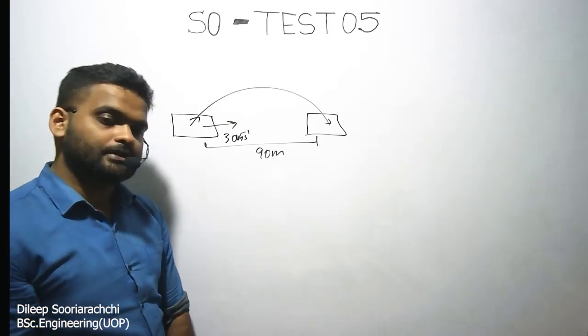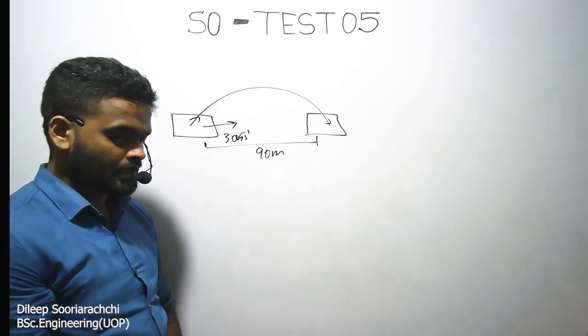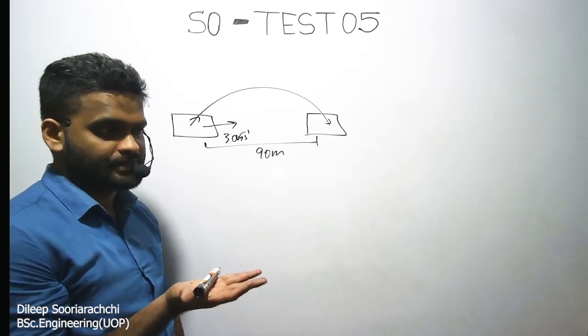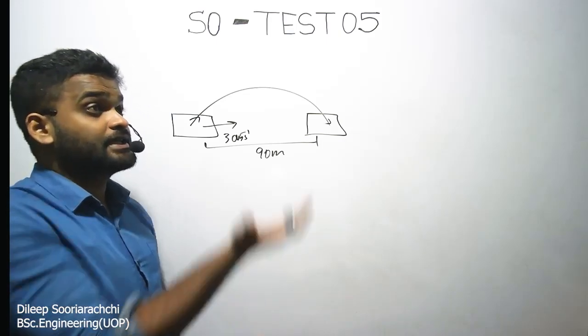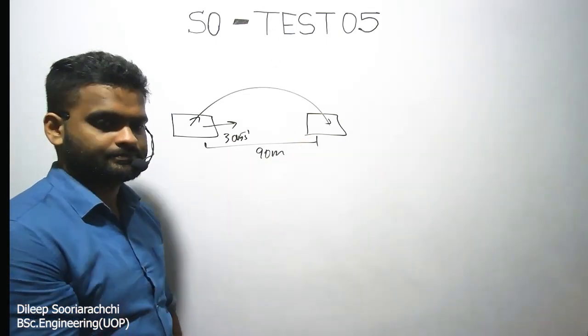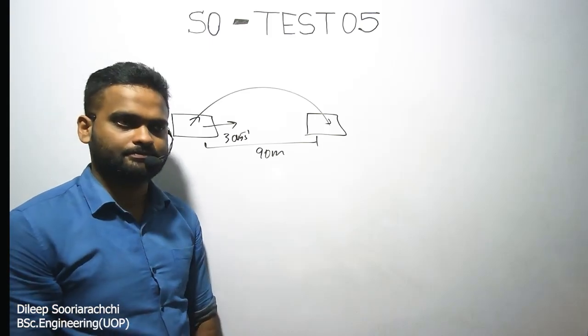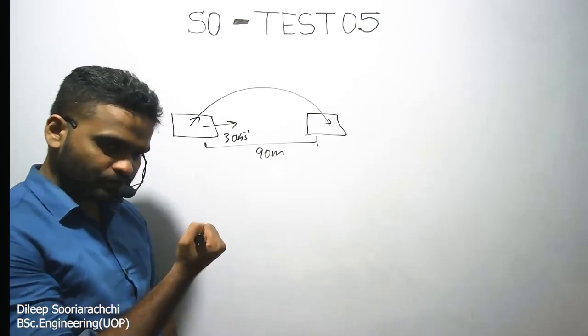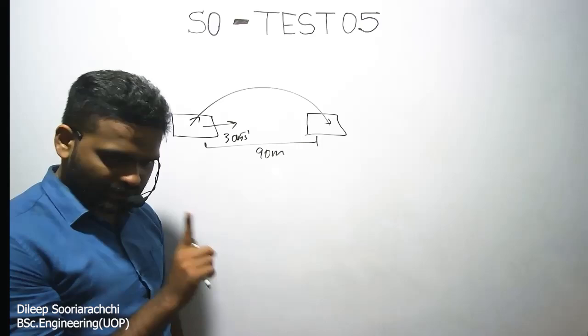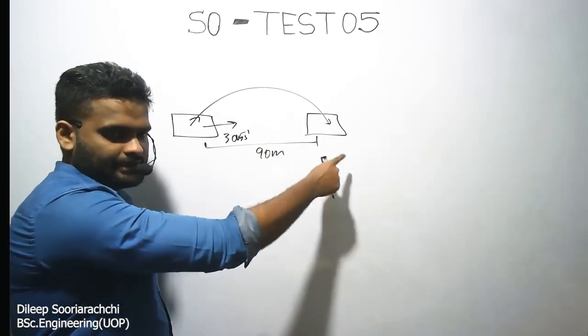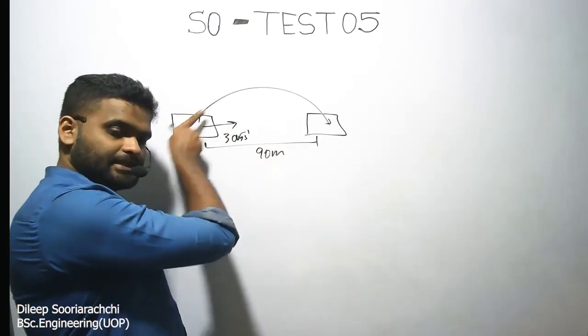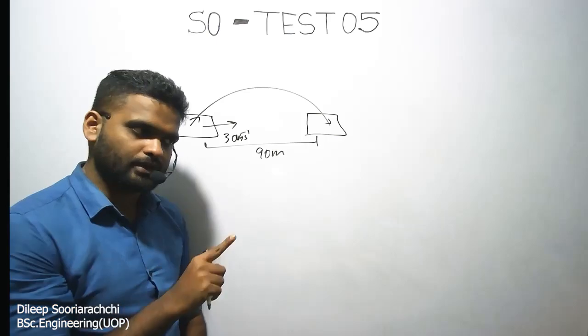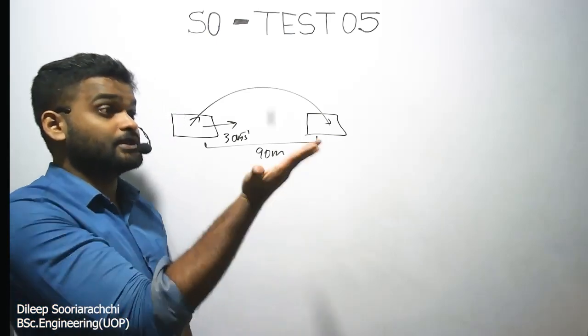If you are on the trolley, you have to throw the object vertically upwards. I mean, relative to the trolley. Relative to earth, you have to throw in a direction like this. But relative to the trolley, you have to throw the object vertically upwards.